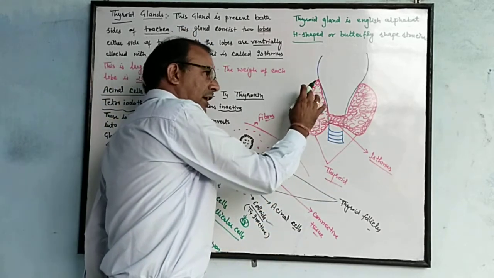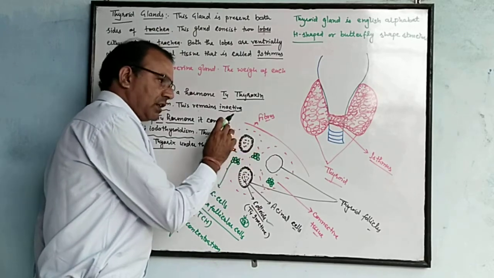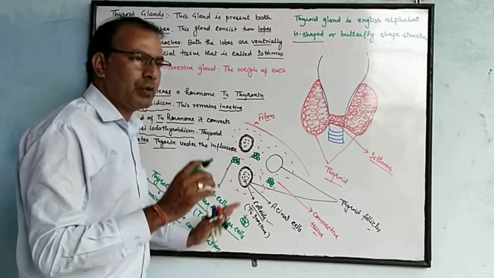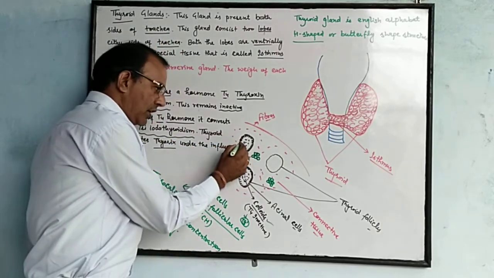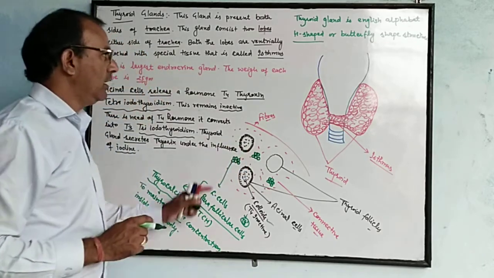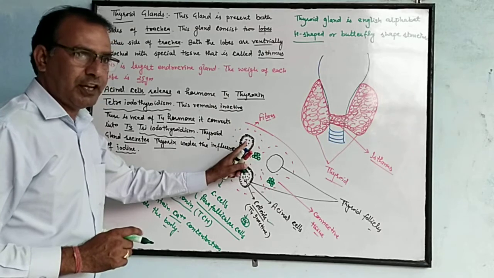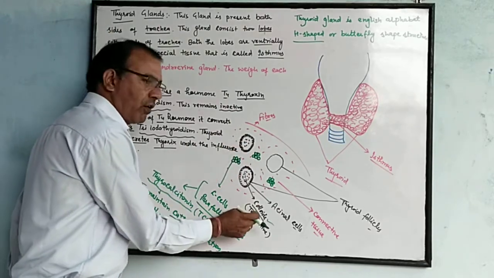This thyroid gland consists of thyroid follicles. Just inside the thyroid follicles there are acinar cells, also called follicular cells. These follicular cells release a hormone called thyroxine, T4. It remains inactive and stays in the cavity in the form of a jelly-like substance called colloid.